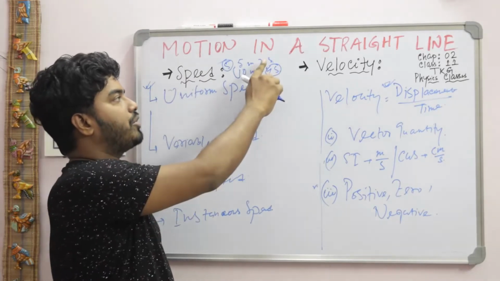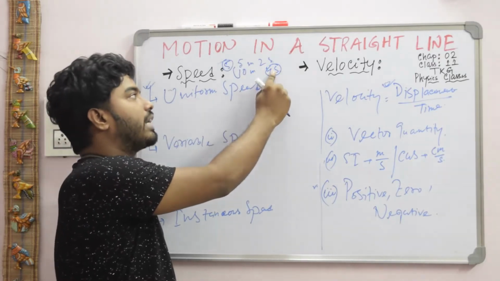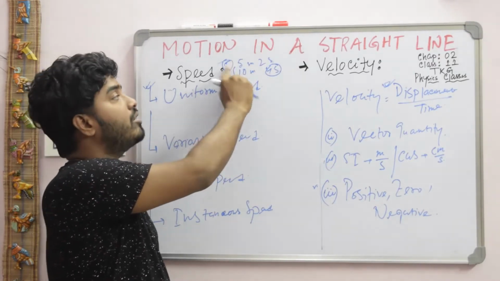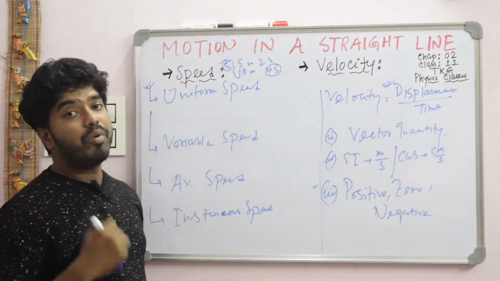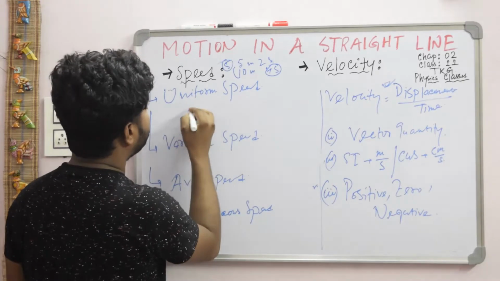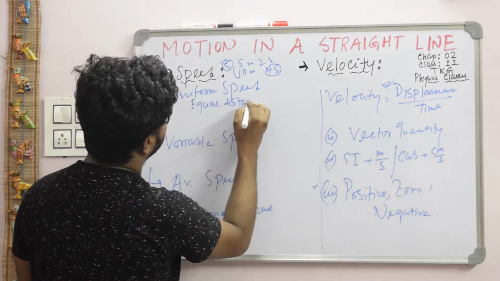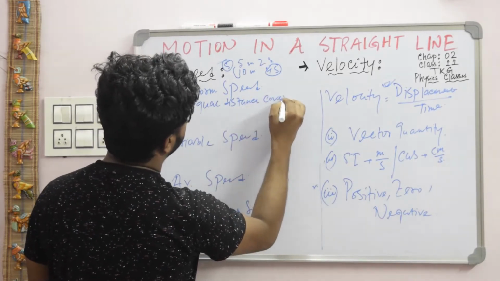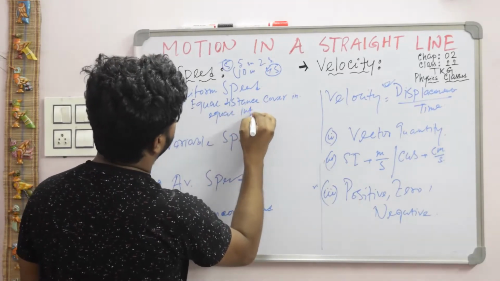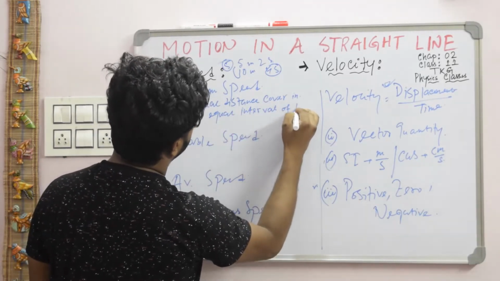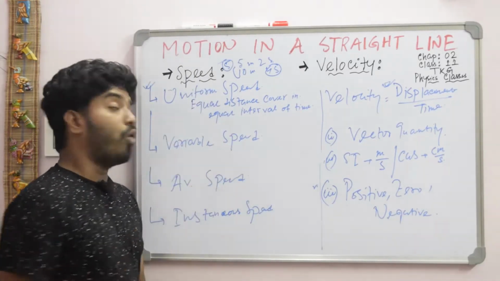So in the first case, in 2 seconds the body covers 5 meter, and in the second case, in 2 seconds the same body covers 5 meter. In this condition we can say a body is in uniform speed. That is, uniform speed is equal distance covered in equal intervals of time.